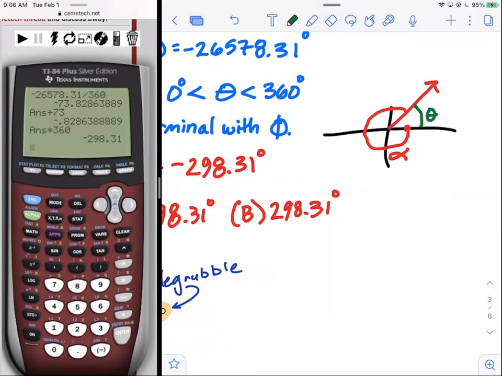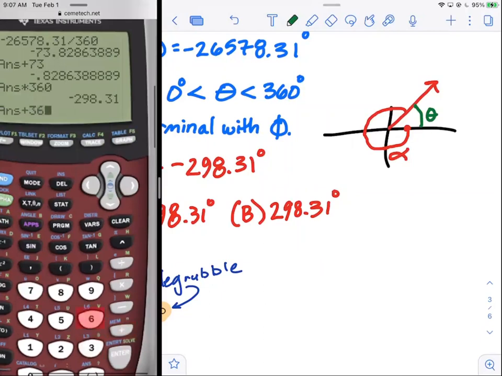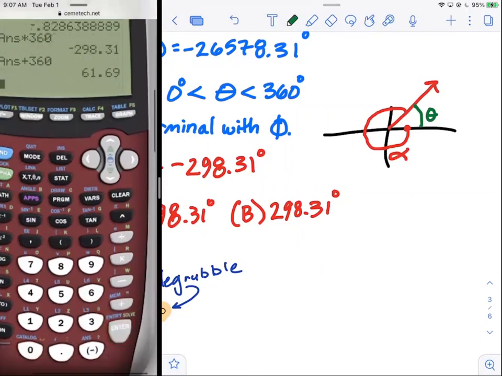That's the one that's a counterclockwise rotation. Now, the magnitudes of what I called alpha and what I'm looking for, theta, will always add up to 360, won't they? Always. So all you have to do, as I mentioned, if it starts as a negative angle, is to just add back one more full rotation. So plus 360.